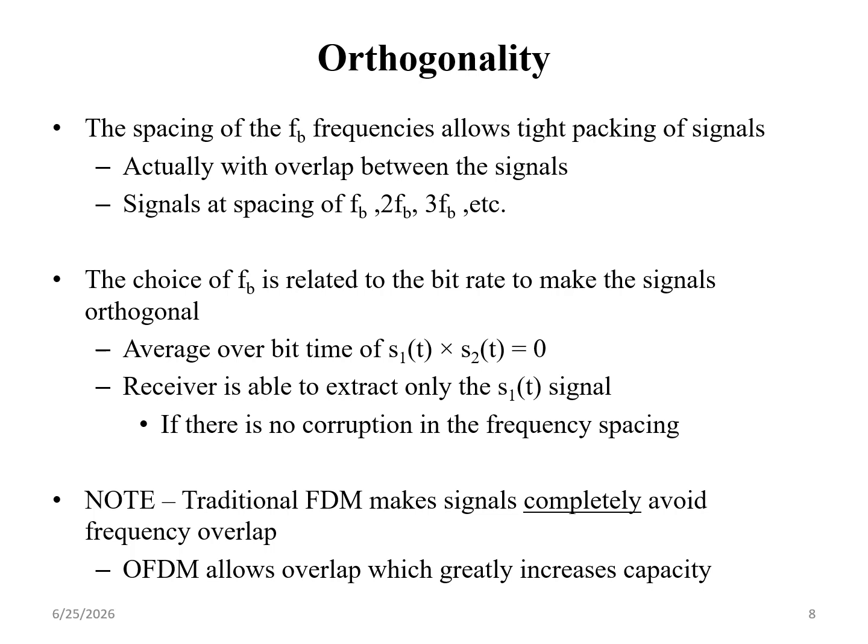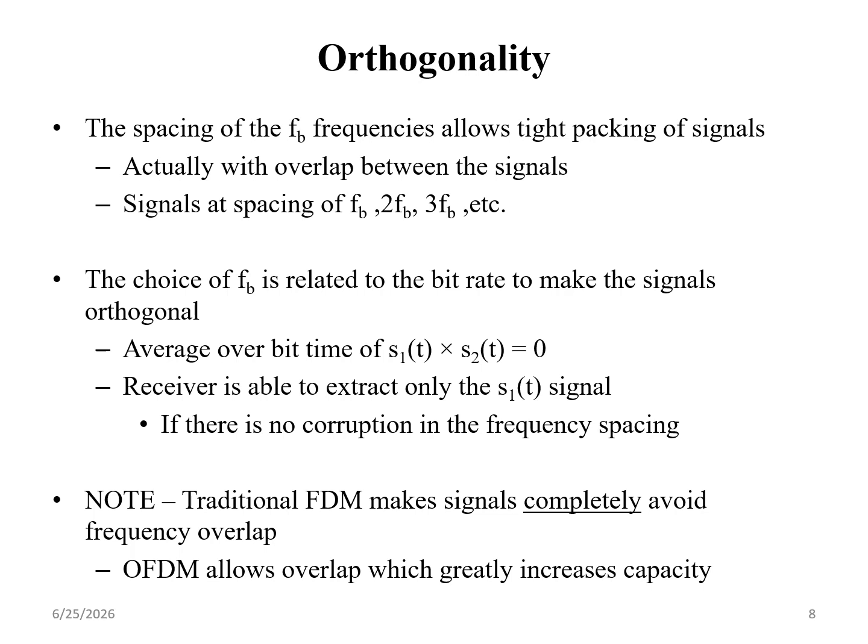With that orthogonality, if you tightly pack multiple signals, they will not mix up with the nearby signal. The choice of FB is related to the bit rate to make the signal orthogonal. So as I said, orthogonality plays a major role between one signal and another.